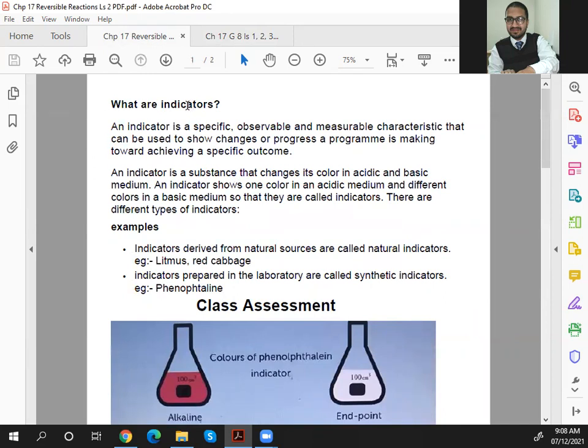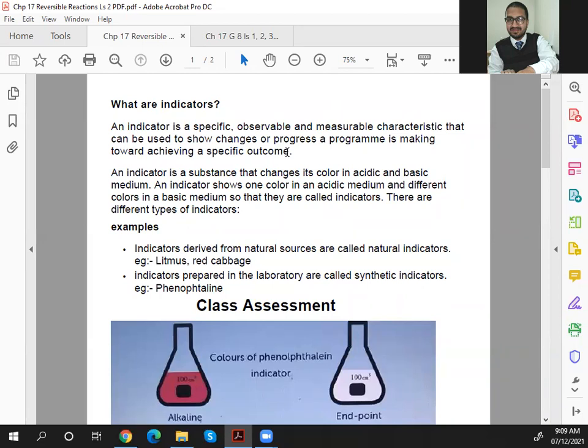Abdul Aziz, please can you read from here what are indicators? An indicator is a simplified observable and measurable characteristic that can be used to show changes or progress a program is making toward achieving a specific outcome.